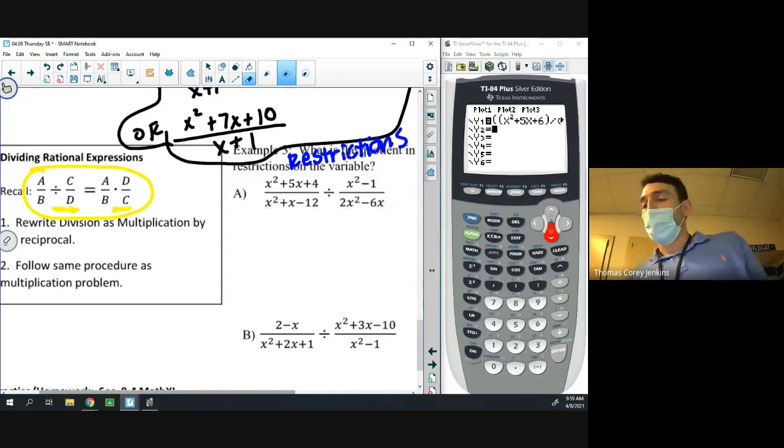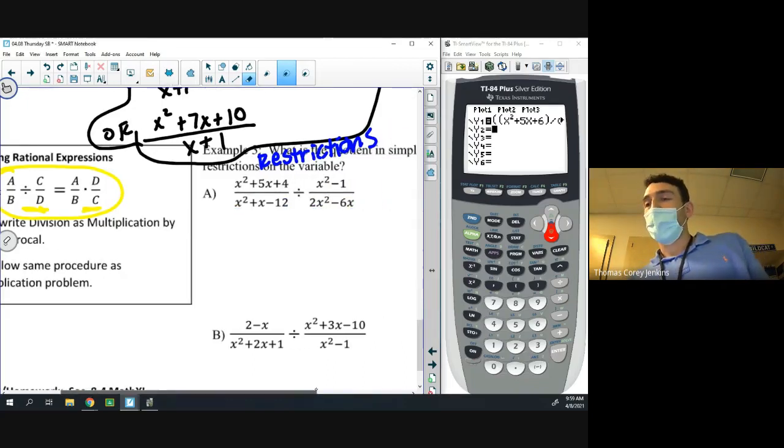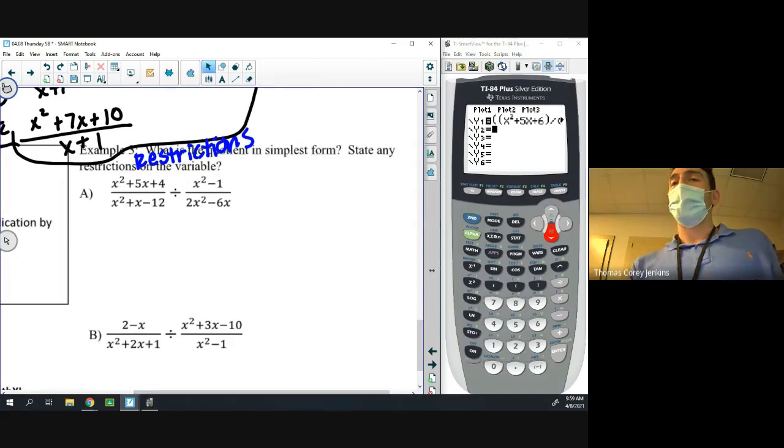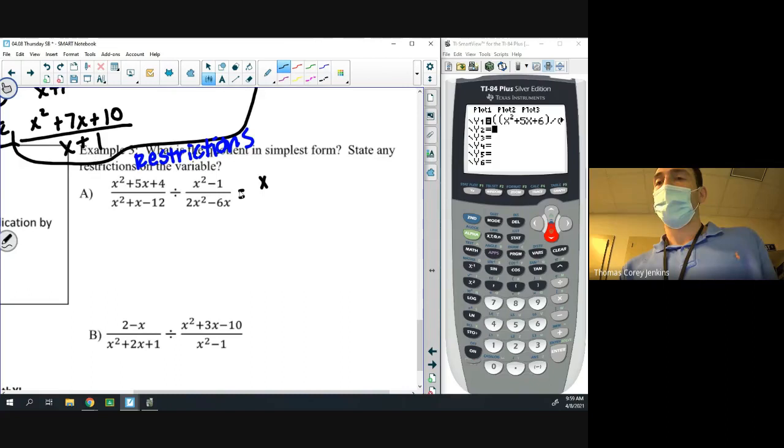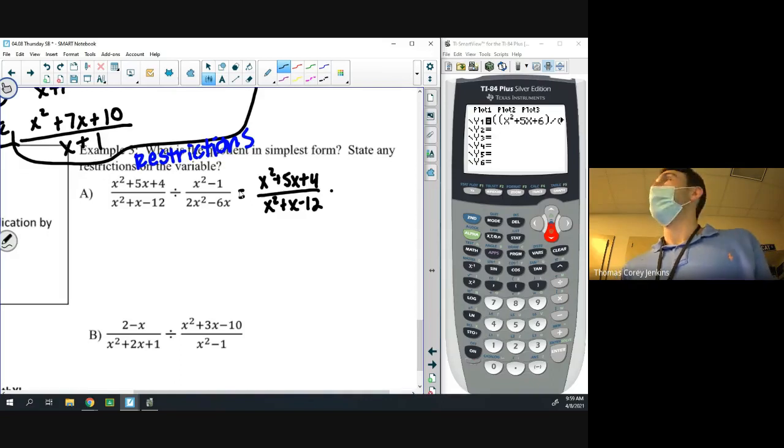All right, so step 1, the key first step, is to write it as a multiplication problem, and then you just take it from there, right? So this is equivalent to x squared plus 5x plus 4 over x squared plus x minus 12, times, and then flip it, right?